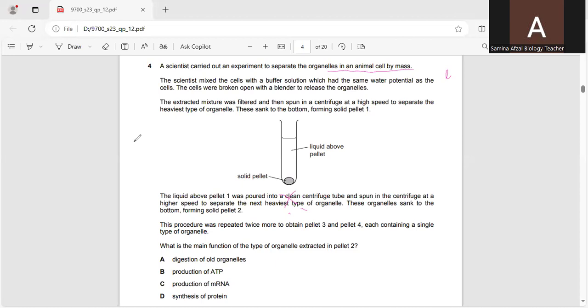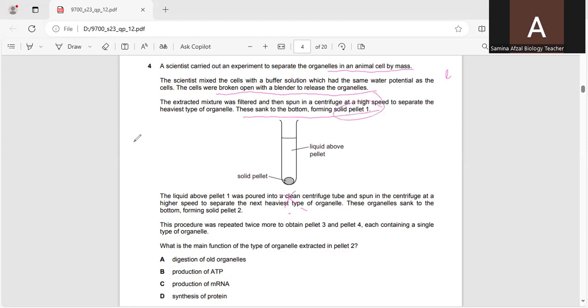Scientists mixed the cells with a buffer solution which had the same water potential as the cell. The cells were broken open with a blender to release the organelles. The extracted mixture was filtered and then spun in a centrifuge at a high speed to separate the heaviest type of organelles. They sank to the bottom, forming solid pellet 1.